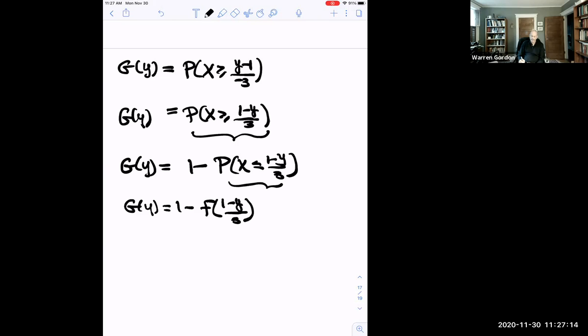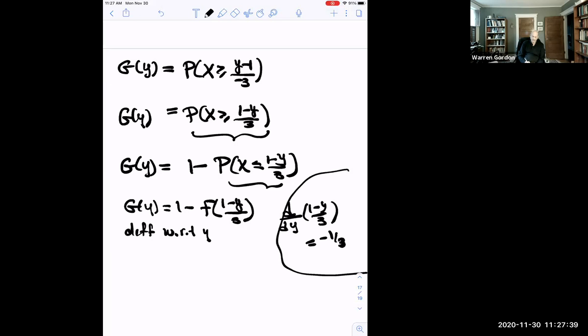Now if I differentiate this with respect to y, notice the derivative with respect to y of (1 minus y)/3 is minus 1/3. I'm going to need that in a minute. I get g prime of y, which is g(y).